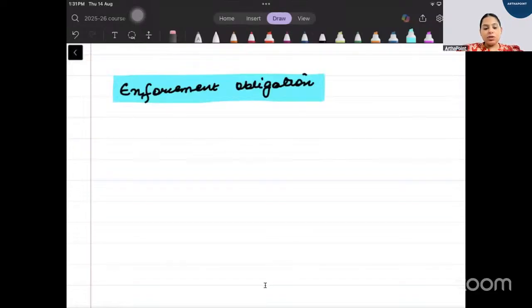Now, the first enforcement obligation: enforcement obligation का क्या मतलब है कि जब आप ट्रिप्स को इन्फोर्स करो तो आपको क्या क्या चीजें फॉलो करनी पड़ेंगी, है ना? पहला है कि आपको जो भी हमने ये जनरल प्रिंसिपल्स लिखे हैं उनको फॉलो करना पड़ेगा, ठीक है?